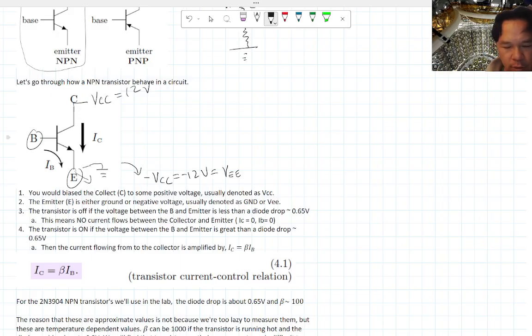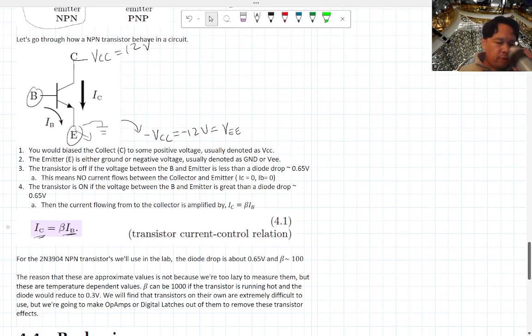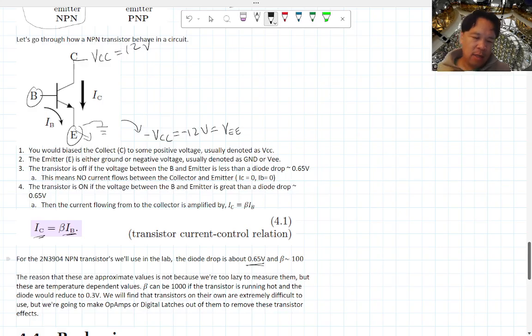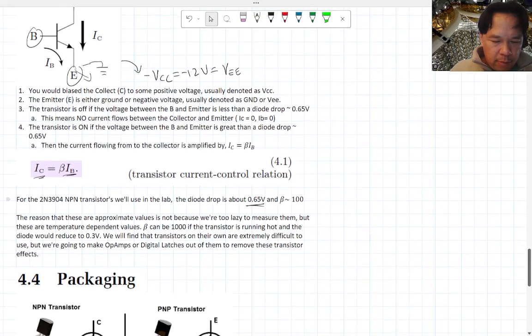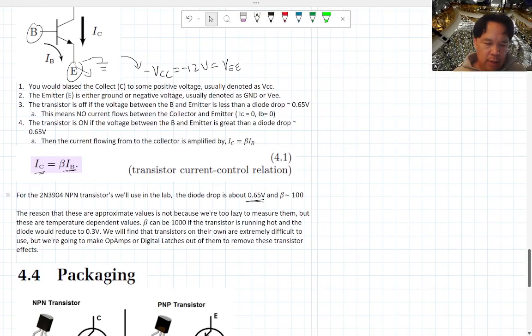But once you go over that, the amount of current that you get from the base to the collector is amplified by this beta factor. For the ones we're going to see in the lab, the 2N3904, this is an NPN transistor, and the diode drop is about 0.65 volt, and you get a beta value of about 100, and we can actually see this in the lab.